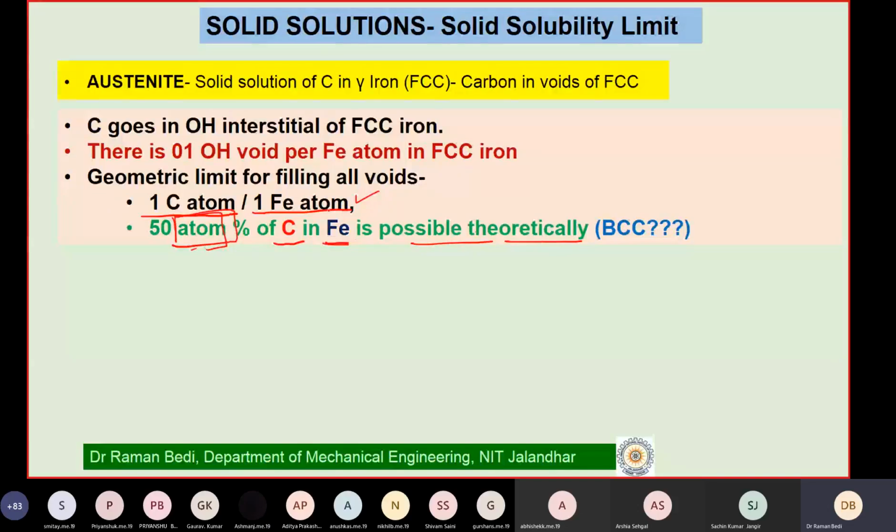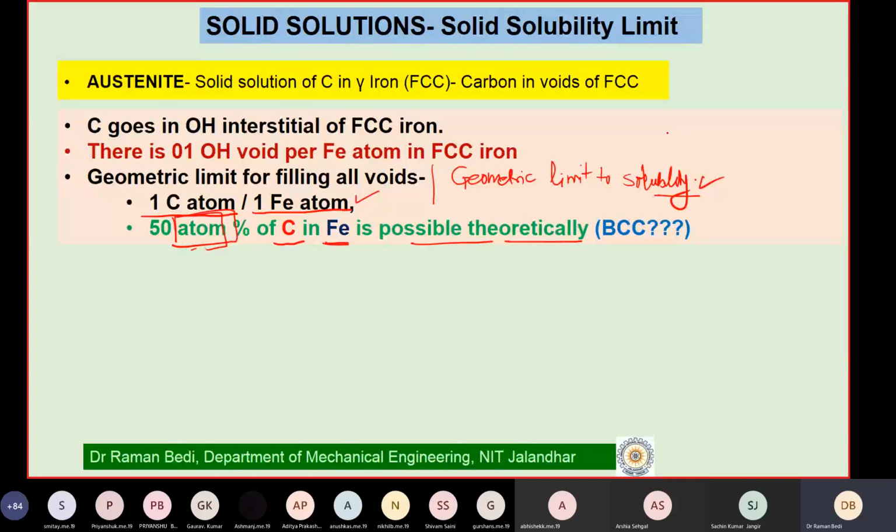As far as the geometrical limit is concerned, we already said what is the meaning of the geometrical limit to solubility. Based upon this geometrical limit, 50 atomic percent must be the solubility of carbon in iron.